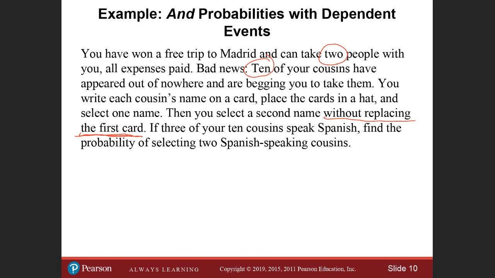So you're looking at this probability, the two Spanish-speaking cousins. Okay, so let's try that probability. Let's take the 3 also. We need that one. 3 of your 10. Okay, so that's 3 out of 10. So 3 over 10. So we'll take the probability.